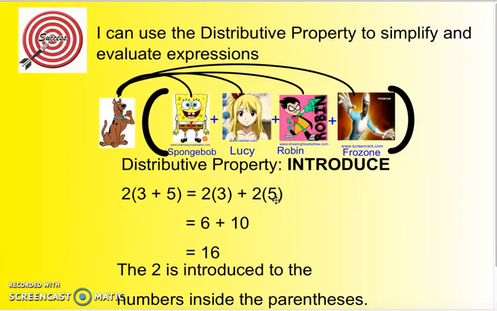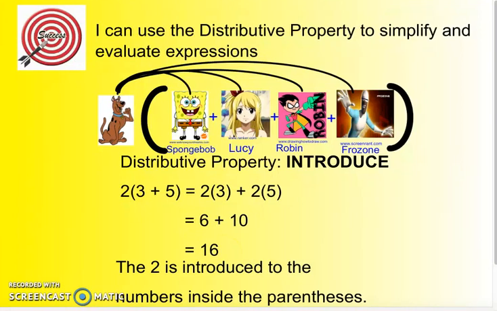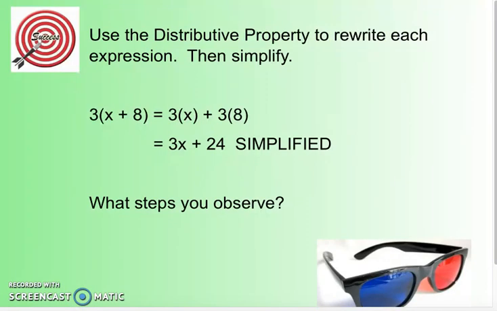The distributive property means that we took that 2 and introduced it to our group. Now, if we evaluate this, 2 times 3 is 6, 2 times 5 is 10, add them together and then we get 16.